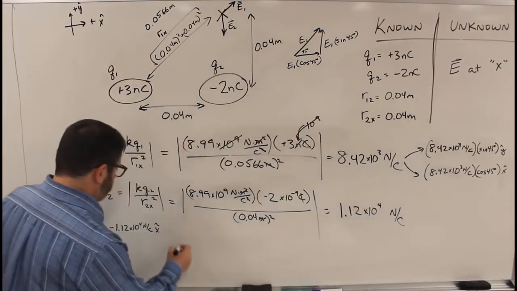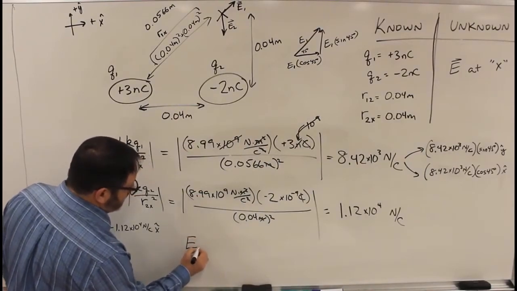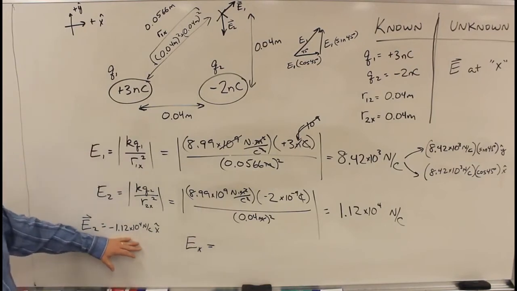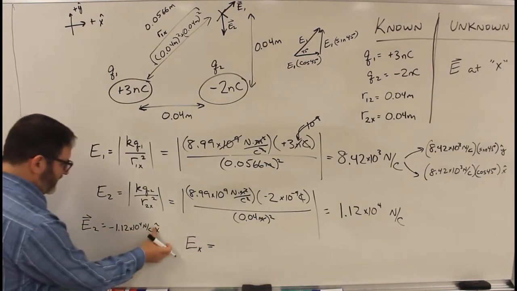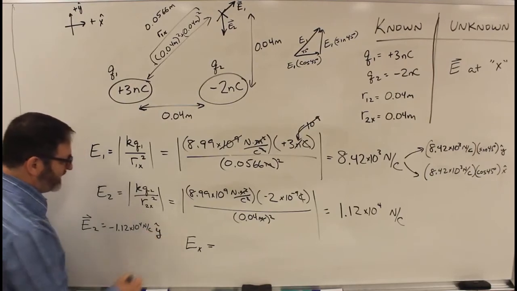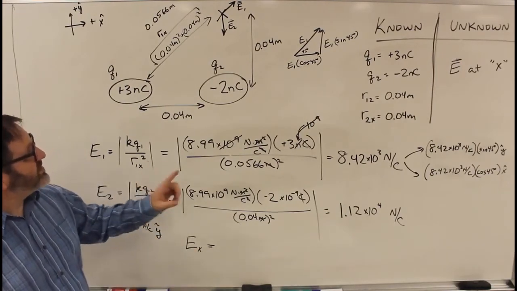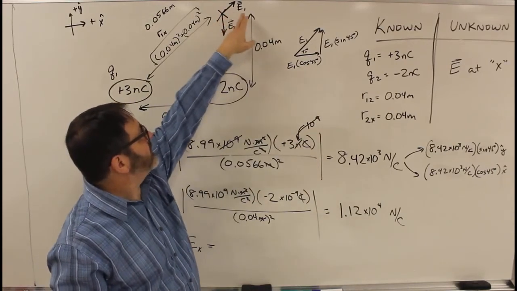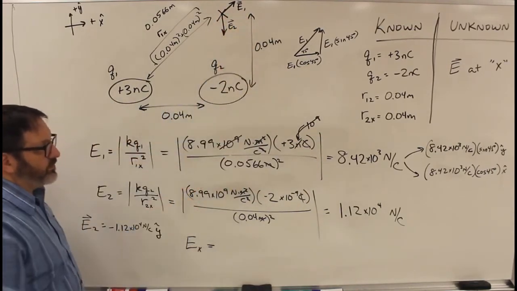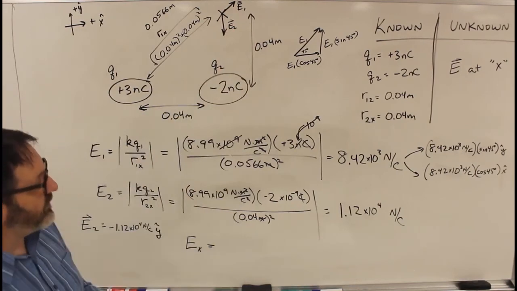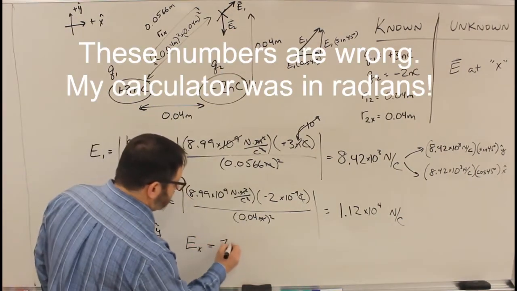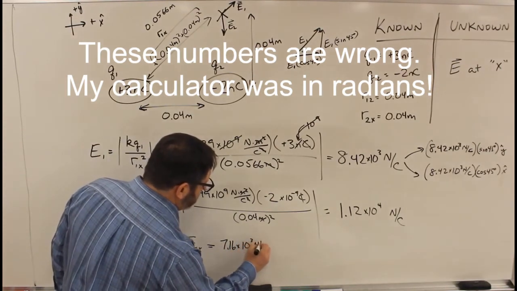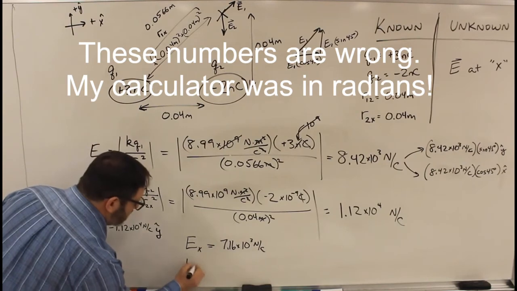So then the total field, E, in the x direction is, sorry, I wrote this one wrong. This is not x hat, that's y hat. Total field in the x direction is just from E1, this direction here. So 8.42 times 10 to the third times sine of 45. 7.16 times 10 to the third newtons per coulomb in the x direction.